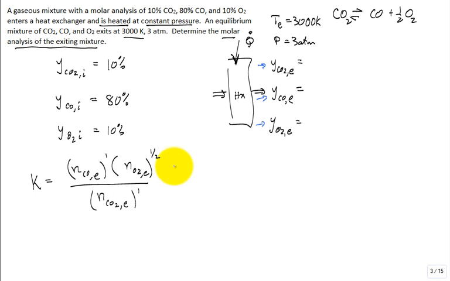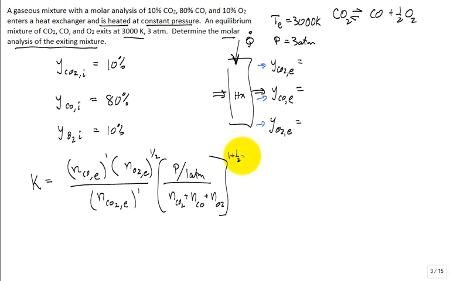Then we have the exiting pressure divided by 1 atm, the reference pressure, divided by the total number of moles, which is the moles of carbon dioxide, carbon monoxide, and oxygen all exiting. This is raised to the 1 plus 1/2 minus 1 power, which just goes to the 1/2 power.